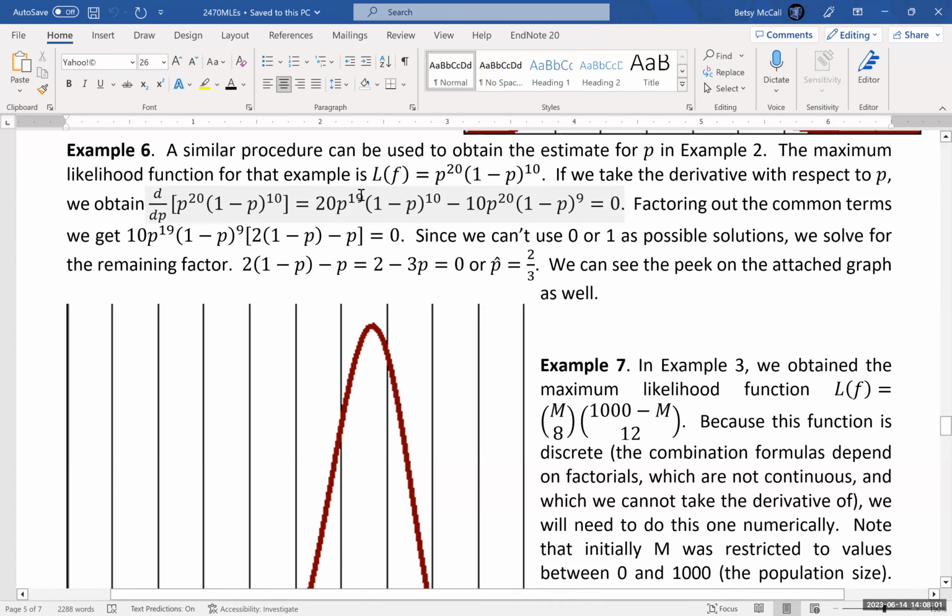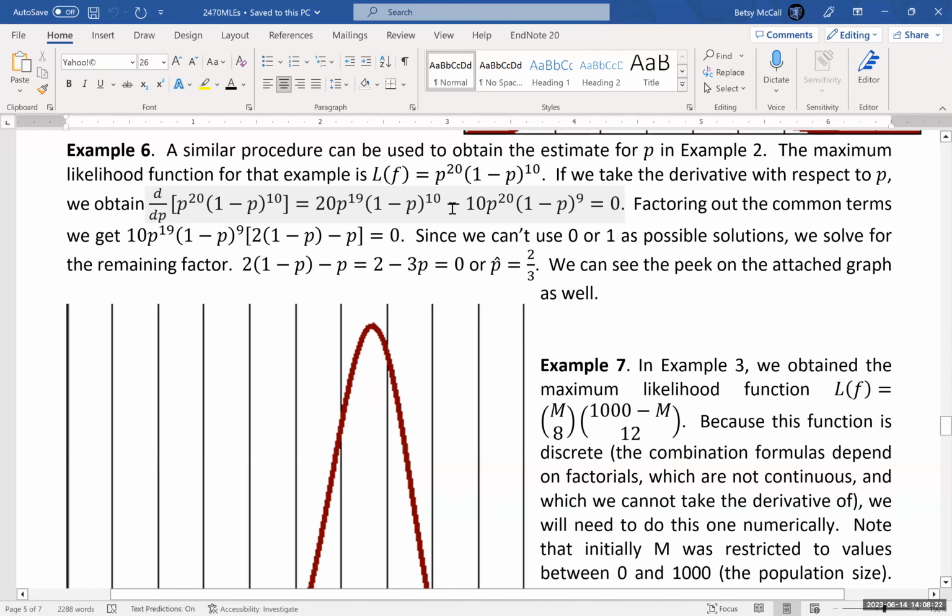Again, product rule, bring down the 20, make that 19, copy the second function. And then when we do the derivative of 1 minus p to the 10, the 10 comes down, we make this 1 minus p to the 9, but the chain rule gives us that minus sign.